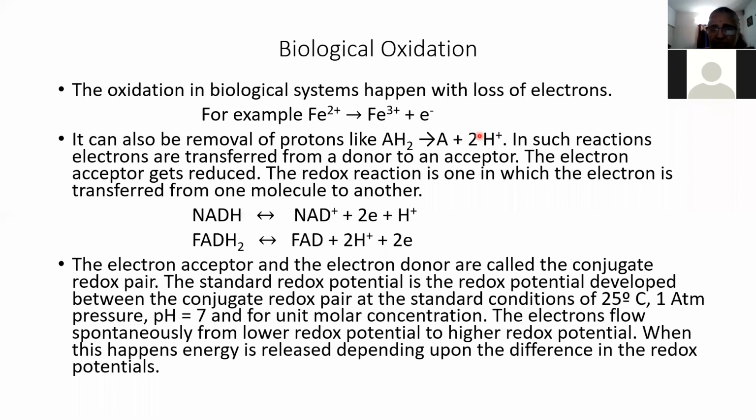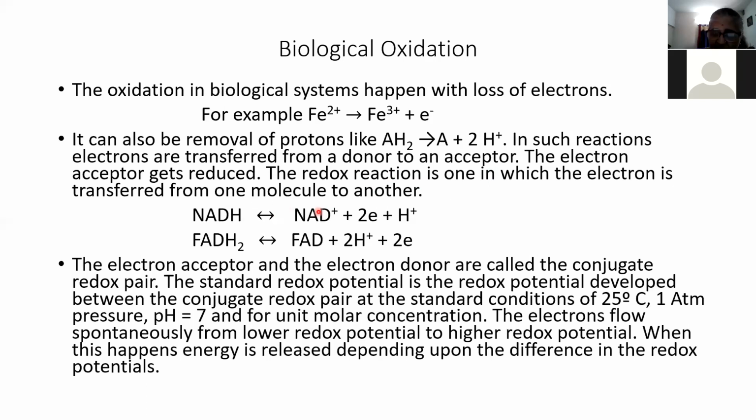Both these are oxidation. So what happens in such reactions is that the electron will be transferred from one which can donate to another substance or molecule which can accept. So it is nothing but the redox reaction that will happen when an electron is transferred from a donor to an acceptor. We can see NADH will become NAD+, 2 electrons are released and 2 protons are released.